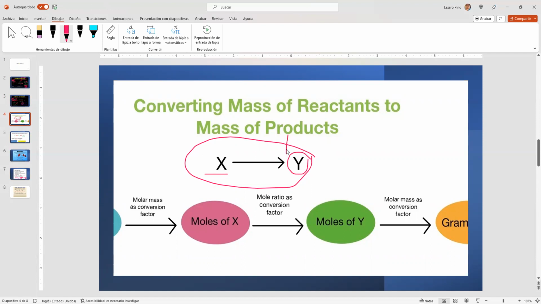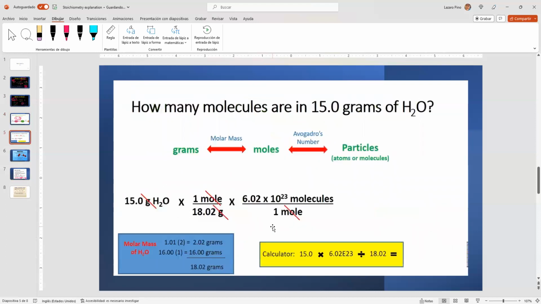The numbers that you have in front are the number of moles of every substance. Then, in order to go from moles of X to moles of Y, you have to use the mole ratio as conversion factor. Let's see one example.